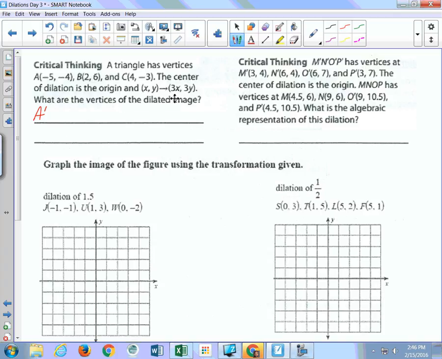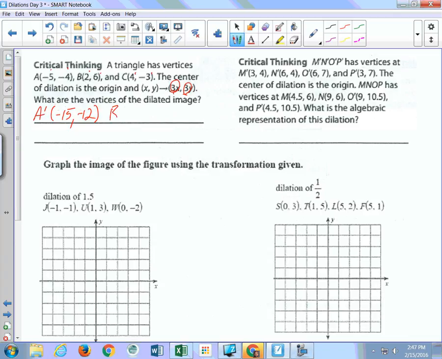In this case, what is our scale factor? Our scale factor is 3. Get it from this right here. So we're going to multiply every point, every x and y, times 3. So 3 times -5 is -15. 3 times -4 is -12. So that goes in our A prime.